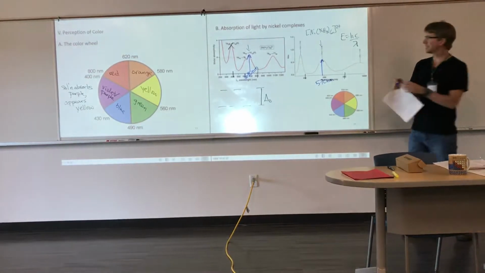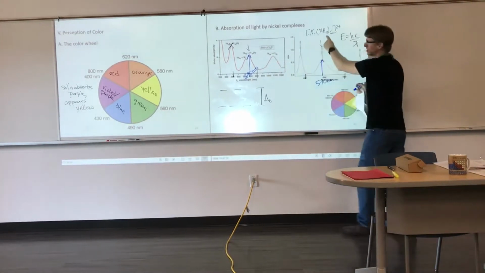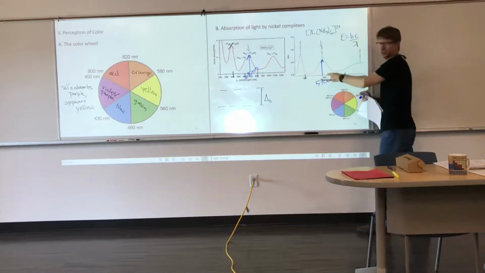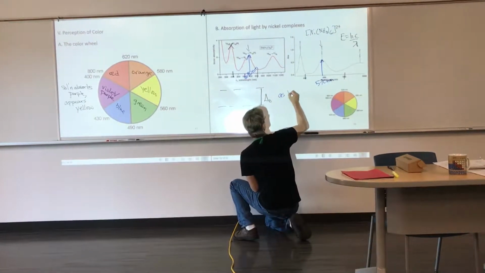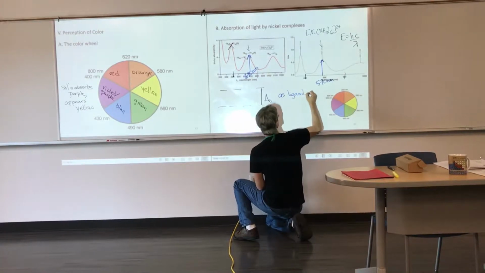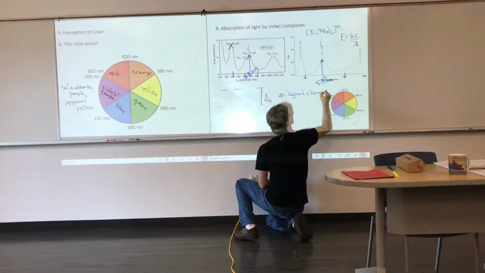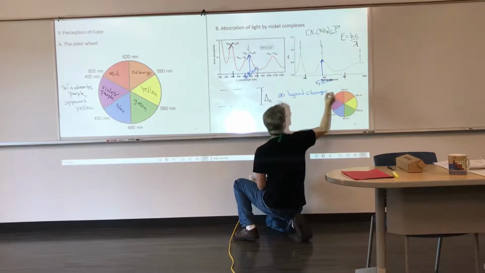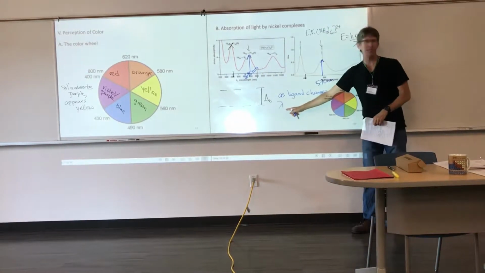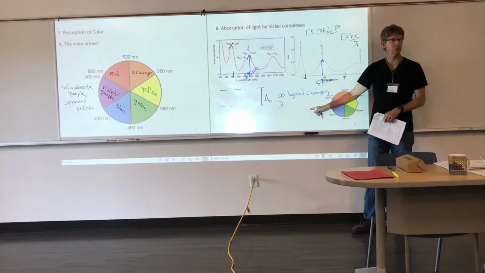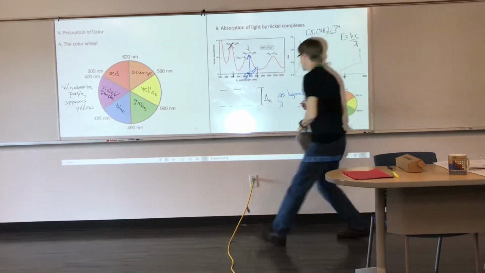The next one is that as the ligand changes, the absorption changes as well. And I guess the way I'm going to put that is, as ligand changes, wavelength of maximum absorption changes as well.